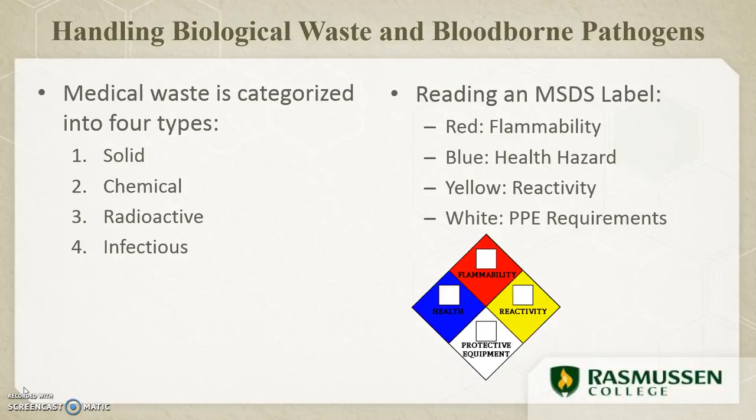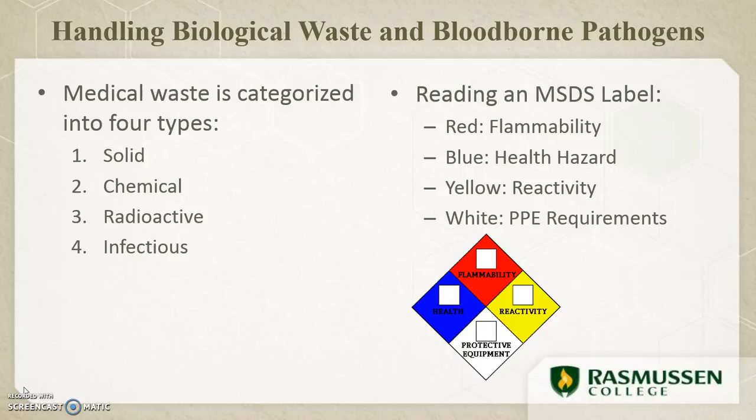When you're handling biological waste or bloodborne pathogens, it's important to know that there are 4 different categories. They can be solid, chemical, radioactive, or infectious. Solid materials are items that can come from a patient's room or a surgery site.